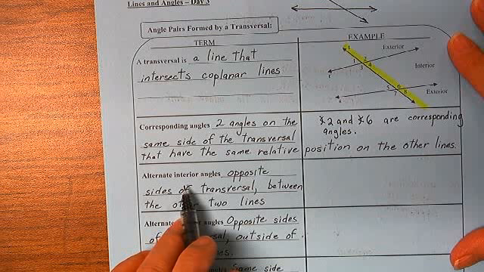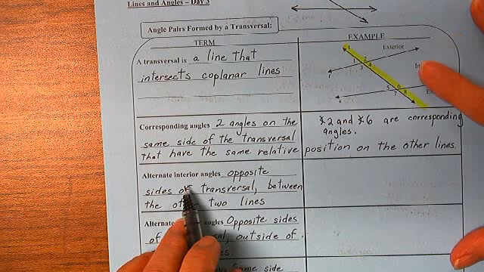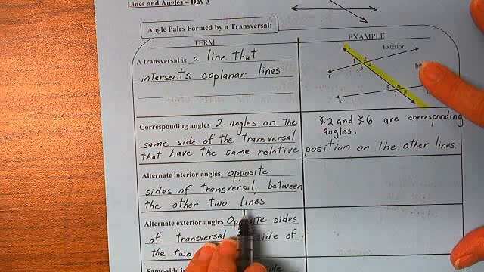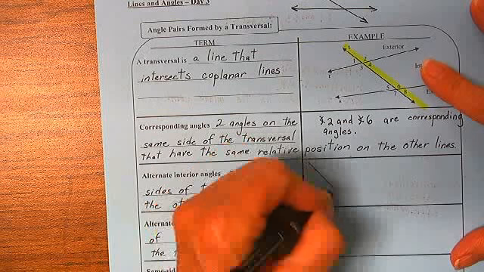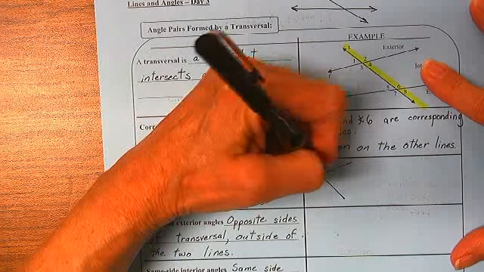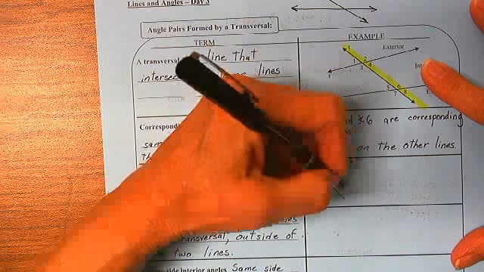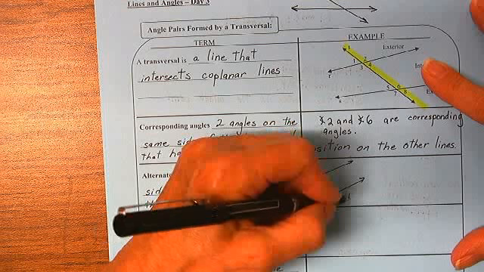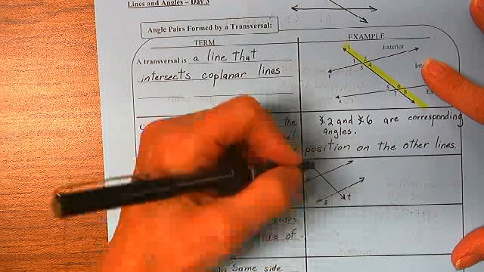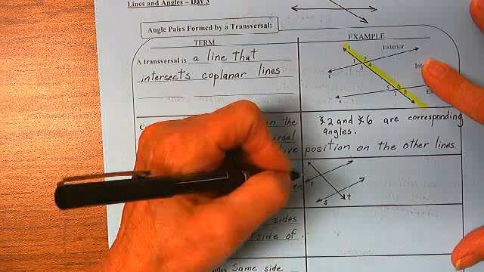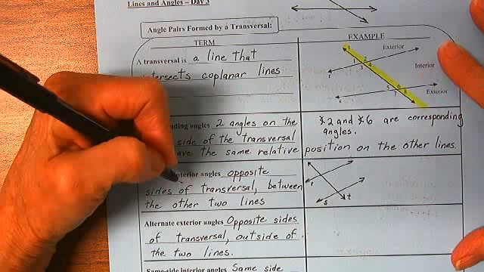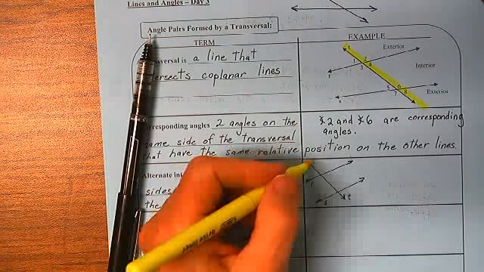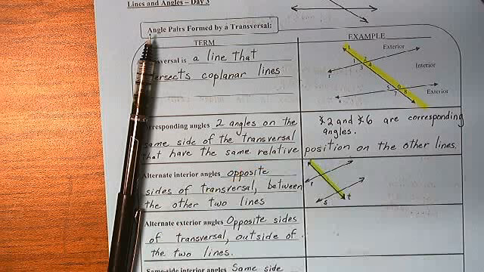Alternate interior angles are on the opposite side of the transversal but between the other two lines. So if we have, and I'm just copying the diagram they've already given us, if we have line T, line S, line R, between the other two lines but on opposite sides of the transversal, T is our transversal.